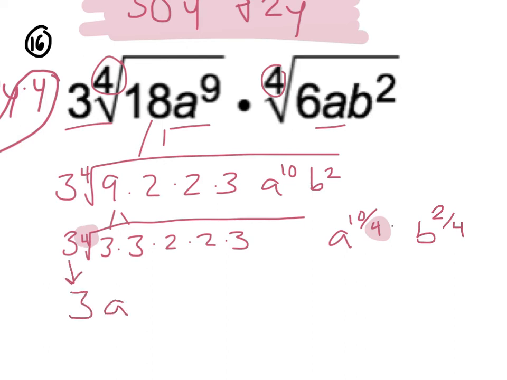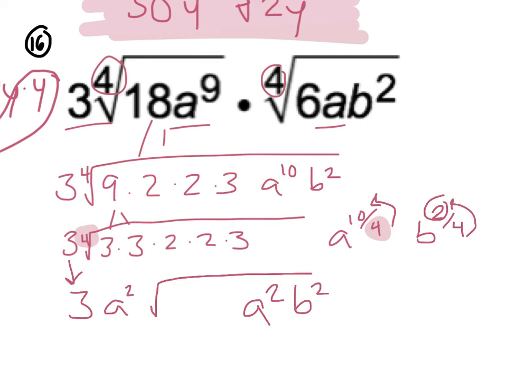Since 4 goes into 10 twice, we're going to have 2 a's that come on the outside. We have 2 left over, so those 2 a's are going to stay on the inside. And 4 does not go into 2 at all, so we're still going to be left with 2 b's on the inside.